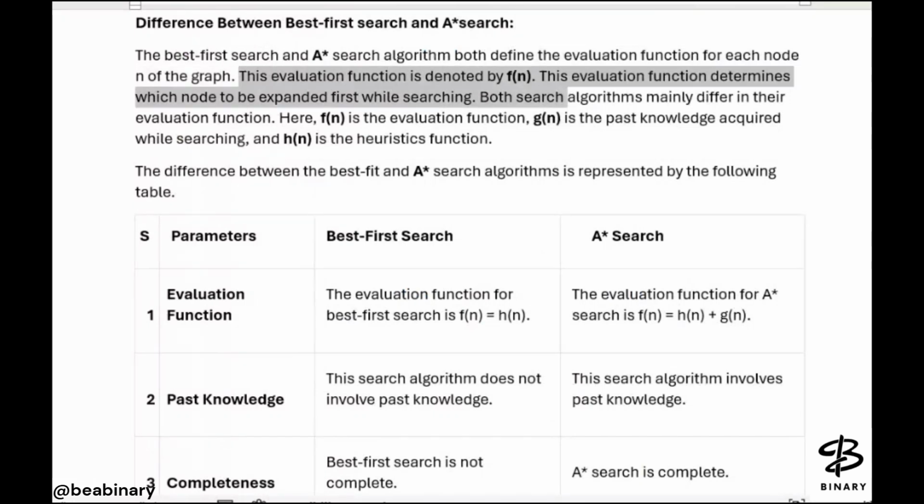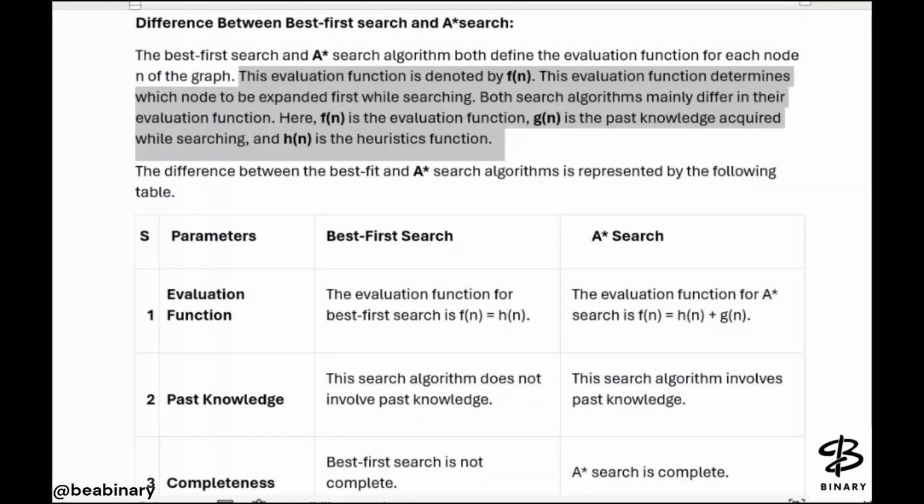This evaluation function determines which node is to be expanded first while searching, and both search algorithms mainly differ in their evaluation function only. Where f(n) is the evaluation function, g(n) is the past knowledge acquired, and h(n) is the heuristic function.